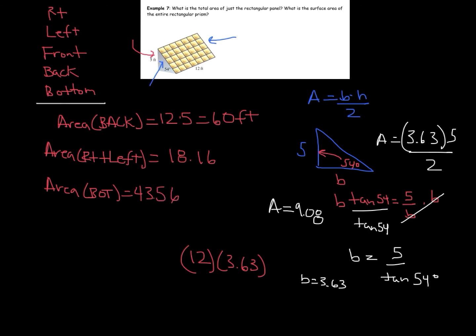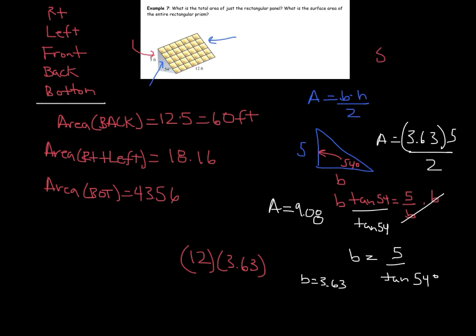Okay, and the only other thing that we need now is the area of the rectangular panel. So that's going to be the front. All right, so in order to get the front, notice that we need to get the hypotenuse of the triangle that we were working with earlier. So let's see if we can do that. All right. I'm going to use sine.